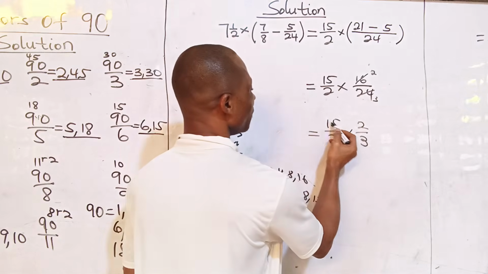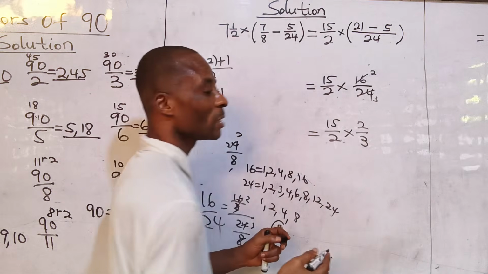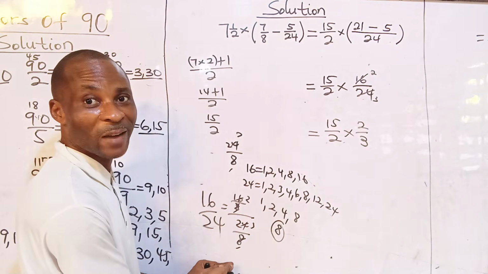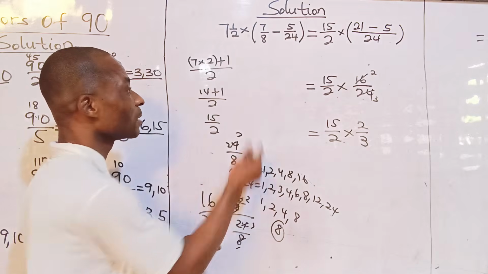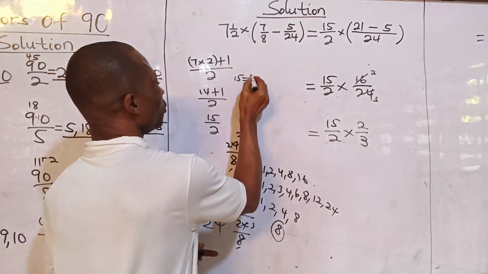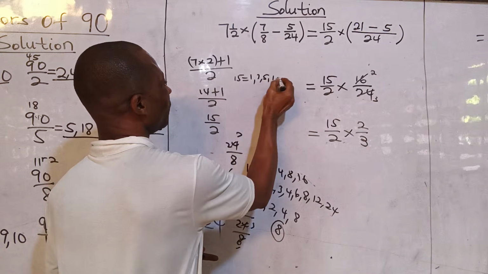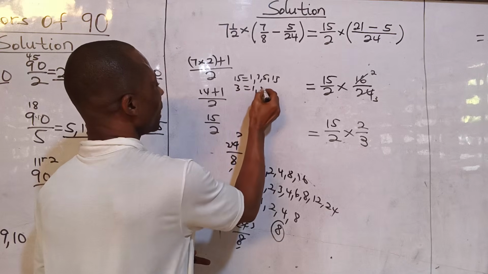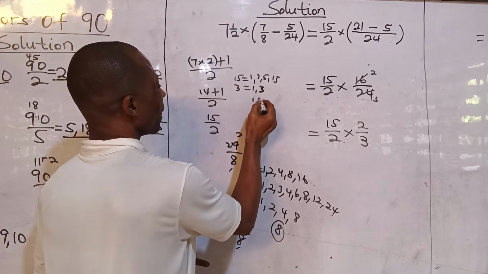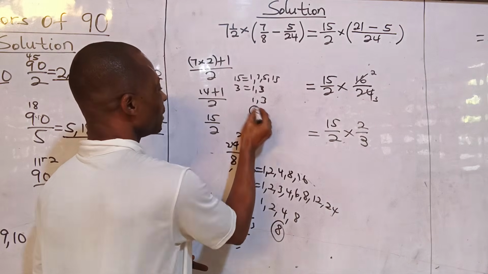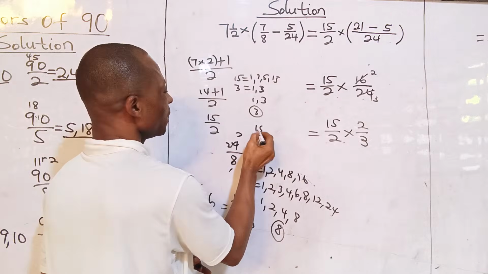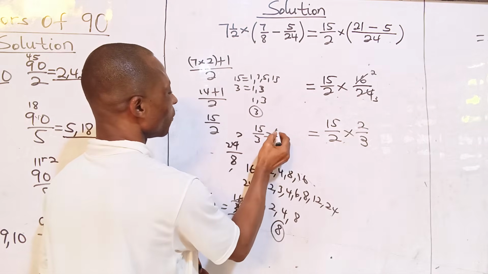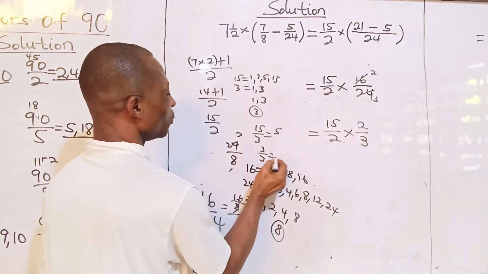But between 15 and 3, when you know the factors, factors of 15 are 1, 3, 5, and 15. Factors of 3 are 1 and 3. Common factors are 1 and 3. Highest common factor is 3. So 15 divided by 3 gives you 5, and 3 divided by 3 gives you 1.